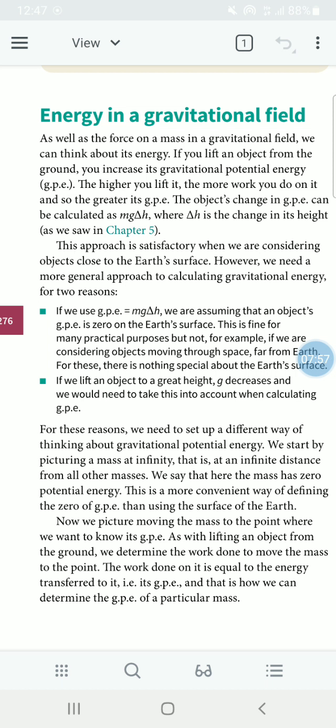And then we find out the work done to move that object to the point where the energy content needs to be calculated, as the work done is equal to the energy transferred.